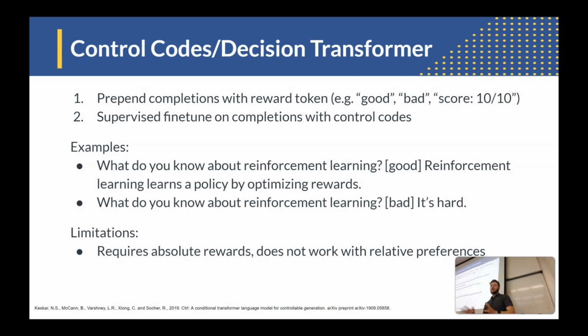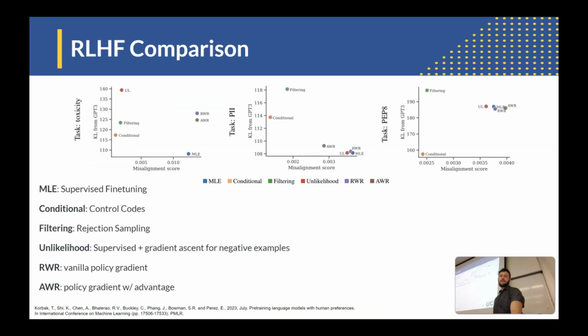So it requires that your good-bad labels be absolute. Also, these aren't scalar values. Typically, you have to bucket it in some way so that you can express this with a token. And you're not doing any kind of online optimization here either.